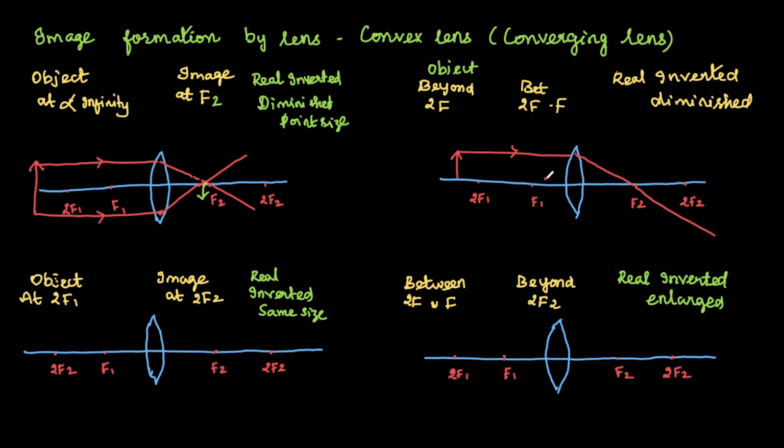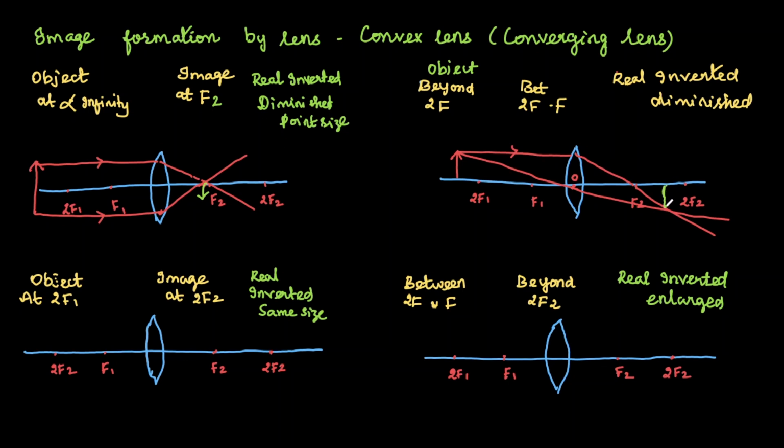One more light ray passes from the object through the optic center O. The point of intersection is where the image is formed.